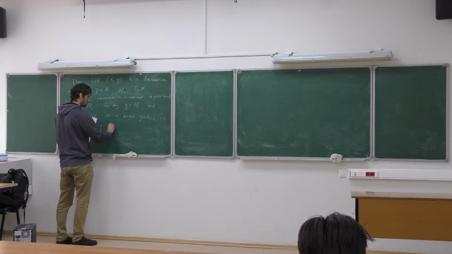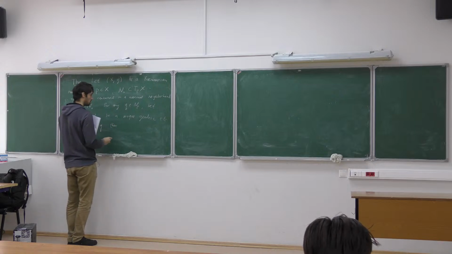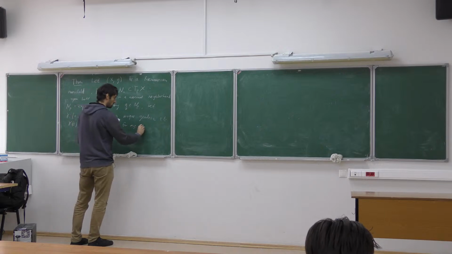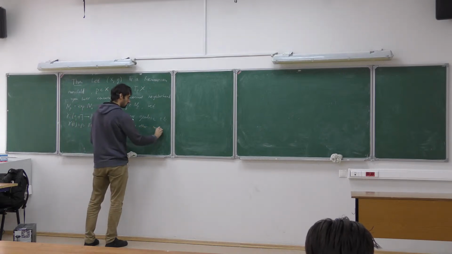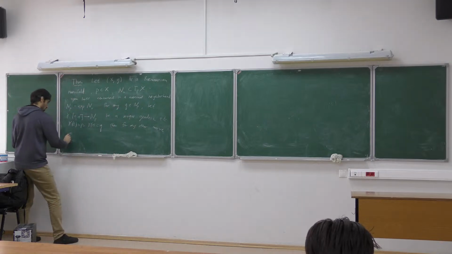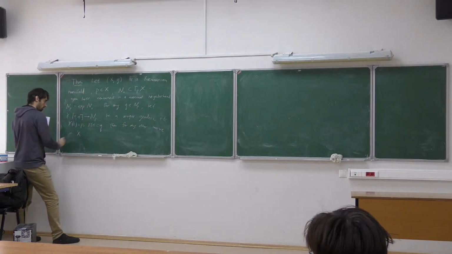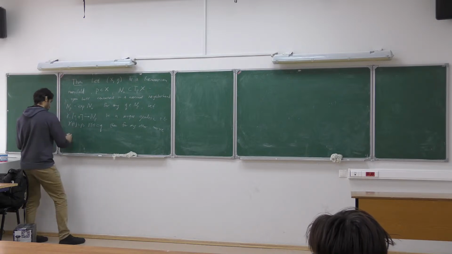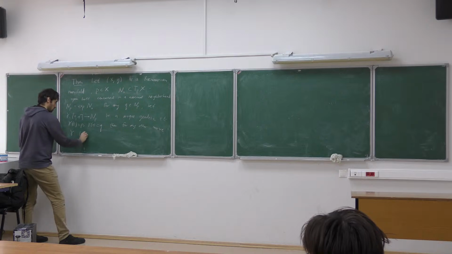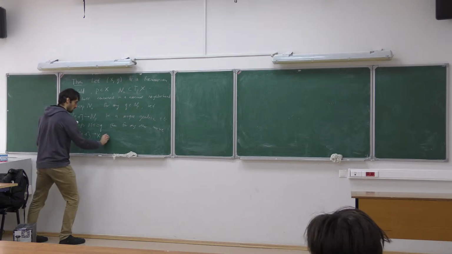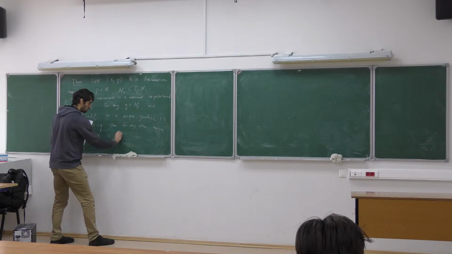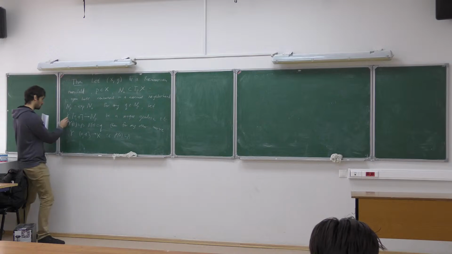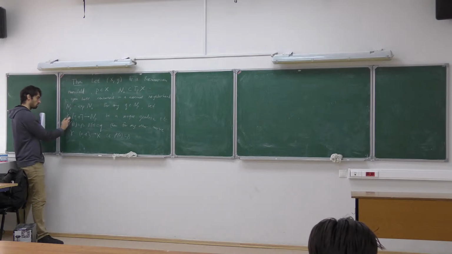Then the statement is that for any other curve in X, so a curve gamma from [0,1] to X such that it connects P and Q, and this one I would like to denote as gamma_PQ.